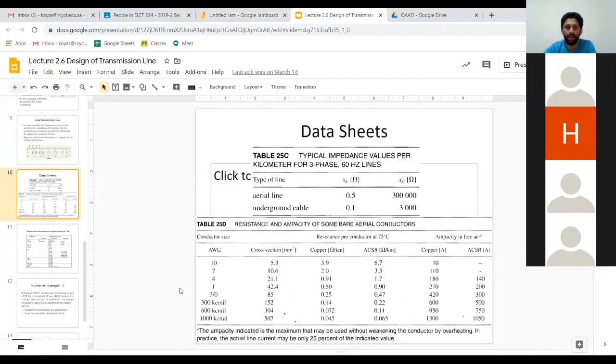Now comes the inductance. Inductance is a constant, 0.5 for overhead line. So small xl is 0.5 and small xc is 300,000.